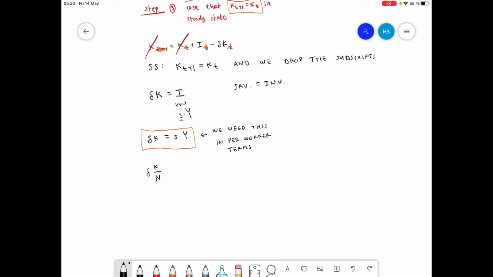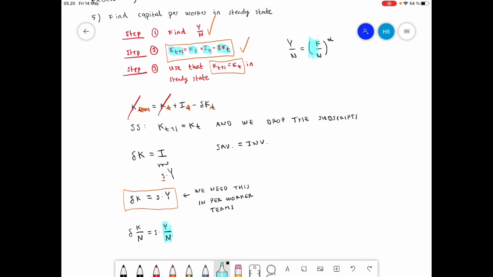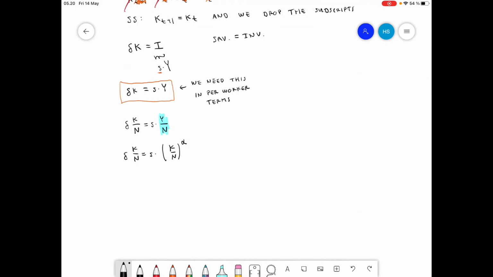I divide by n on both the left and right hand side. Then we have output per worker. We replace the output per worker with the exact output per worker function that we found in step 1. So we write delta k over n is equal to the savings rate times (k over n) to the power of alpha.